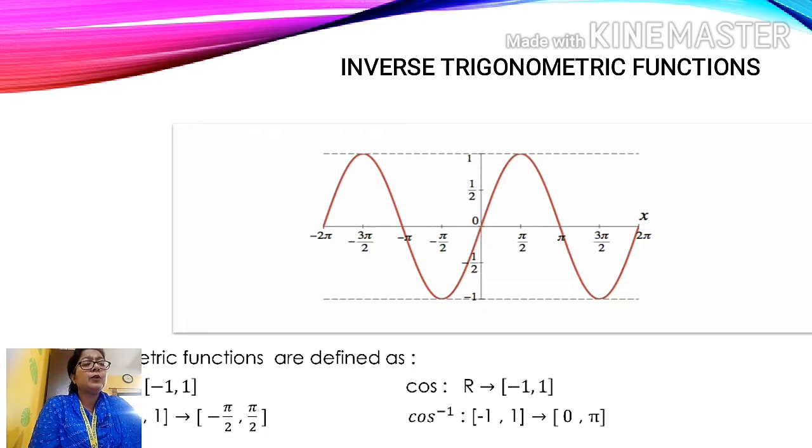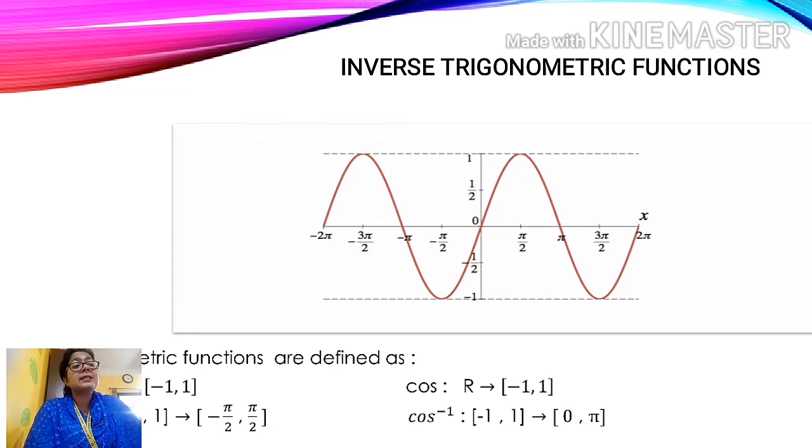Just before, I told you that a function is 1-1 if distinct elements of set X have distinct images in Y. But for x equal to 0, x equal to pi, x equal to minus pi, the images are the same. Images are getting 0 only.